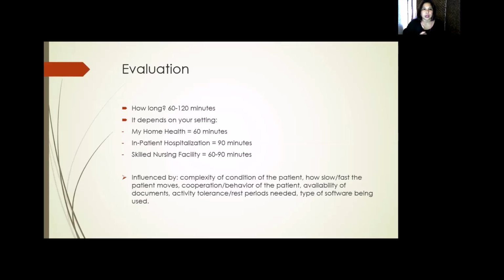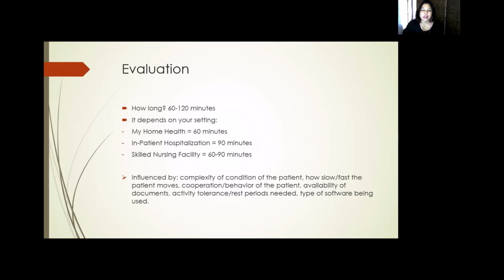In inpatient rehabilitation in the hospital, it's usually 90 minutes. And 90 minutes is a good time. It's the average time to have a very comprehensive evaluation. But we're going to discuss the other factors affecting the time for evaluation.